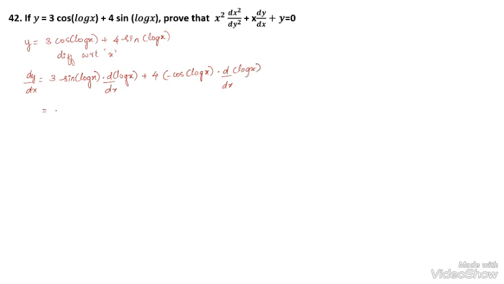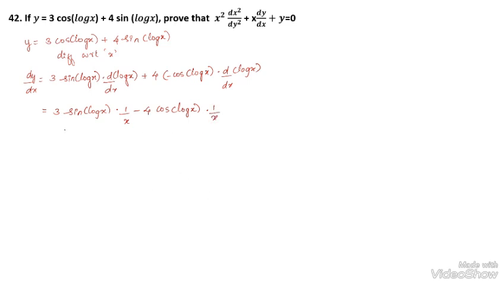Then 3 into sine of log x. Differentiation of log x will be 1 by x. Here plus into minus, minus 4 cos of log x into 1 by x.